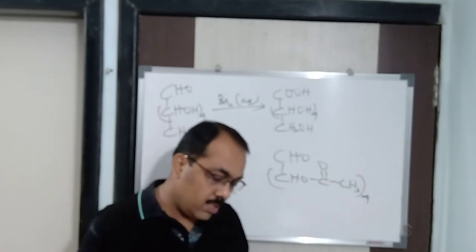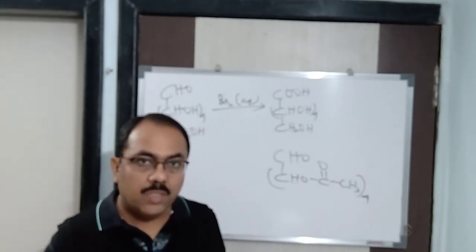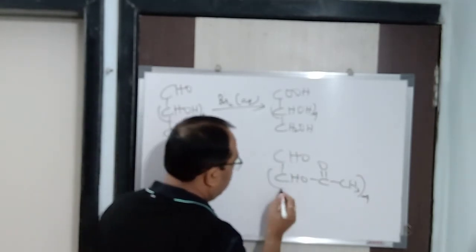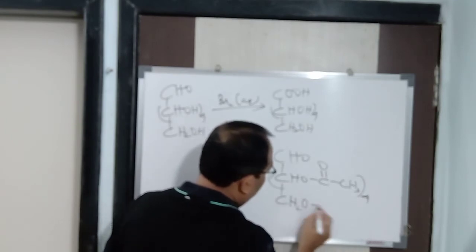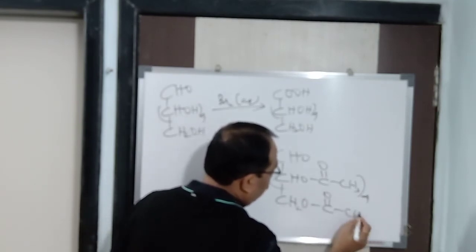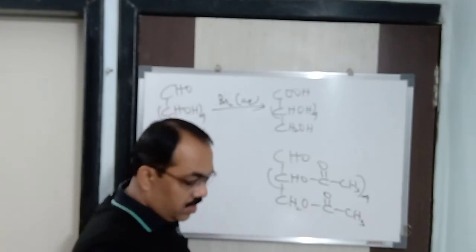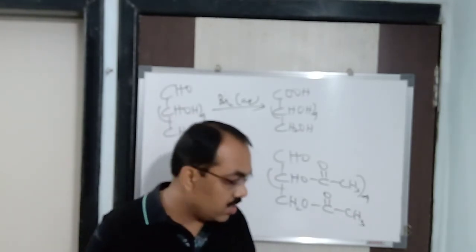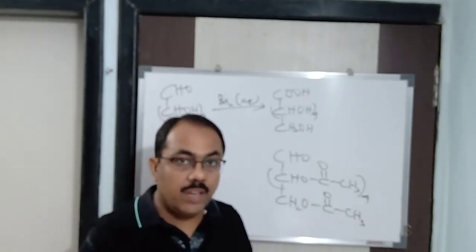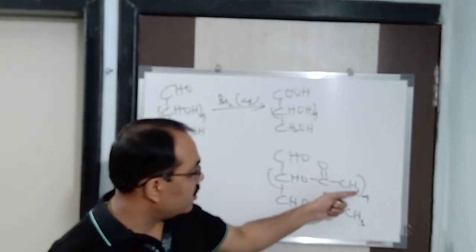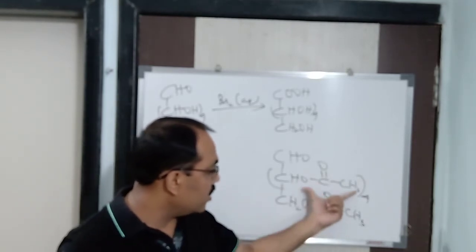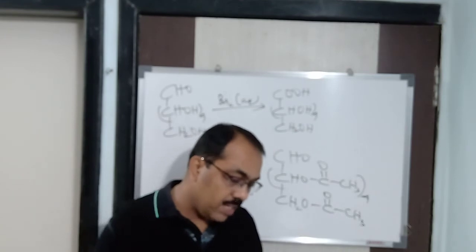Alright, that is (CH3)4. So single bond, what is that? CH2O, C double bond O, CH3. That is CH2OCOCH3. We can say that. So in this way we got a pentaacetate. 5 acetate groups are there. This is one acetate, 4 acetates, this is one acetate. So you got a pentaacetate.